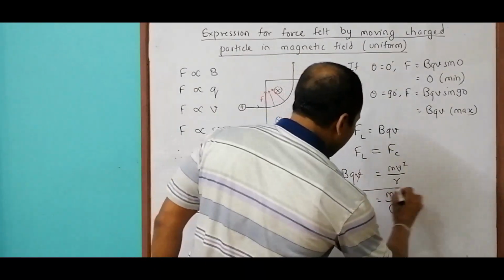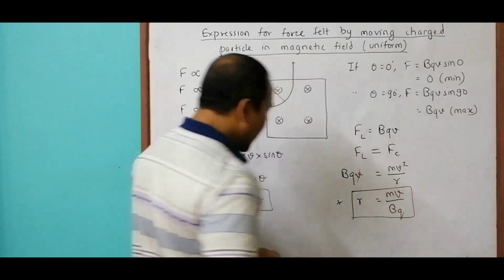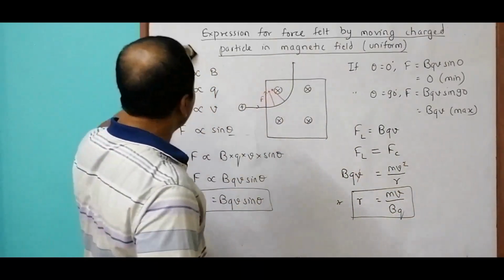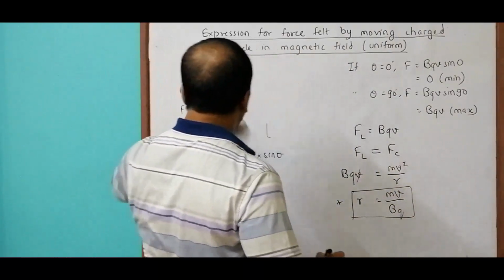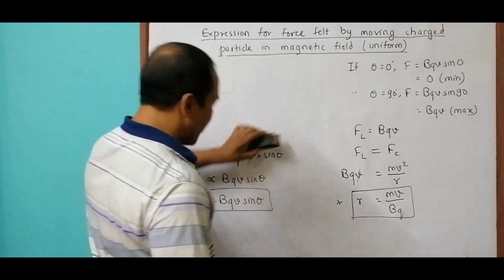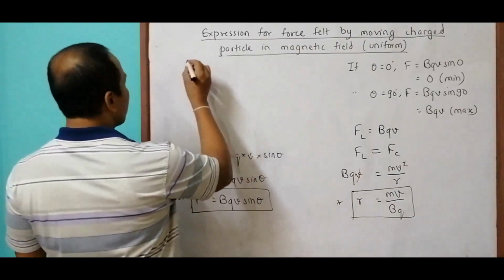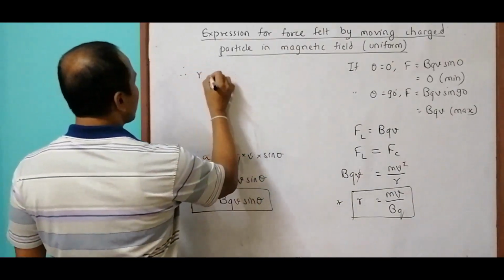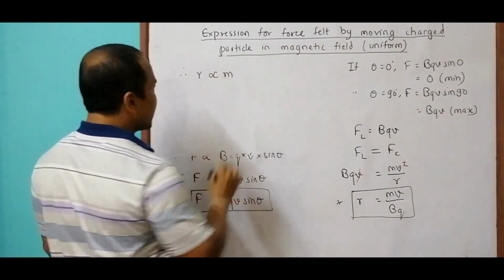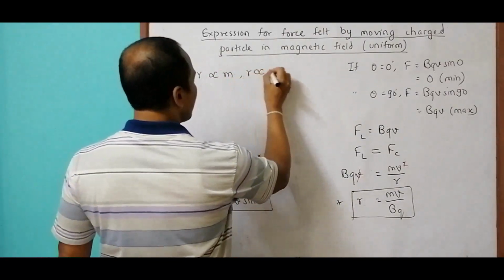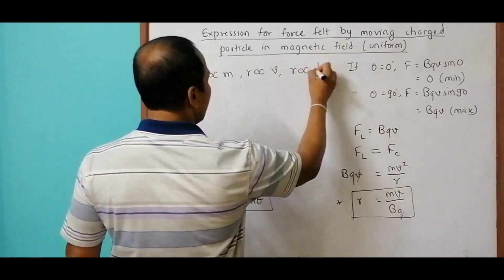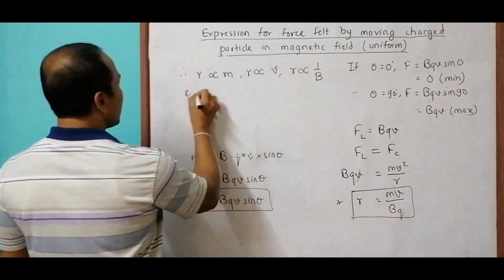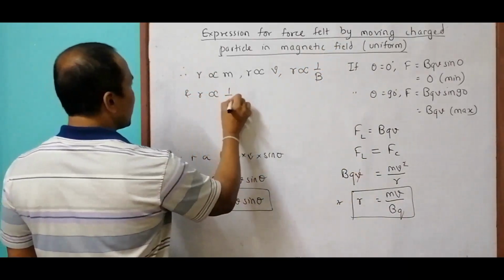So the radius of the circle is given by the product of mass and velocity divided by the product of magnetic field strength and the amount of charge. So with that, I can say that R is proportional to mass, R proportional to V, R proportional to 1 by B, and R proportional to 1 by Q.